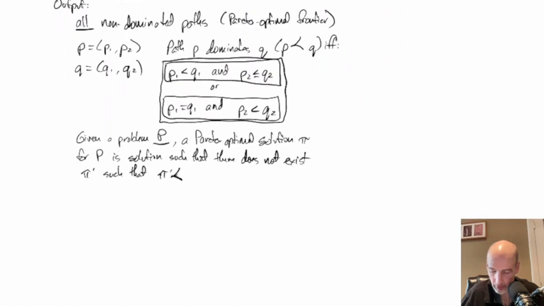That's my curly domination symbol. So a Pareto optimal solution is one that is not dominated by any other solution.